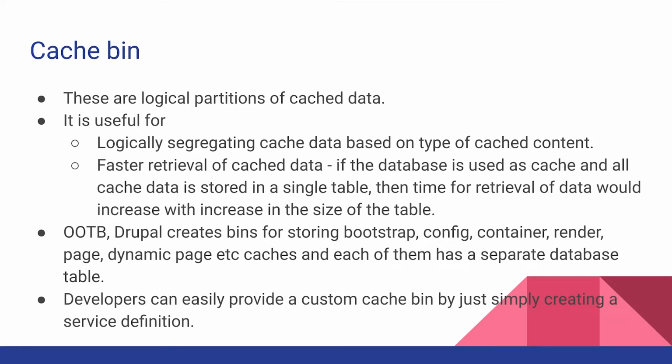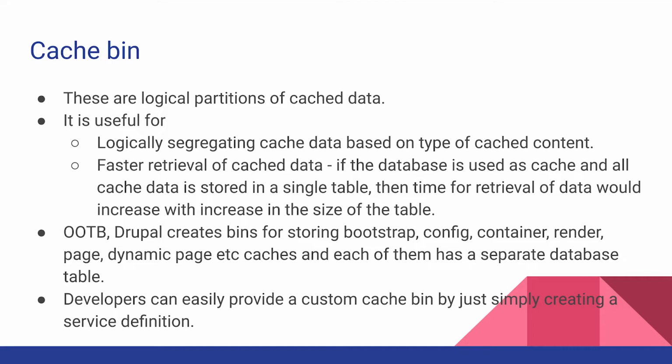So it is not very convenient to cache all of them together in one particular location. So what is the reason? Suppose we consider the database being used as a cache, and we store all the data for orders, products and other stuff in one table.